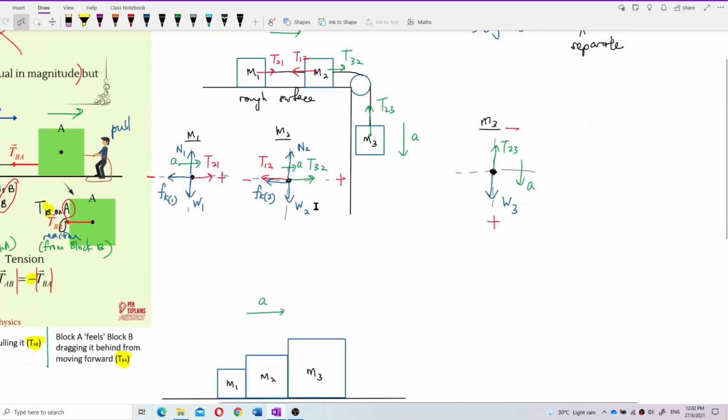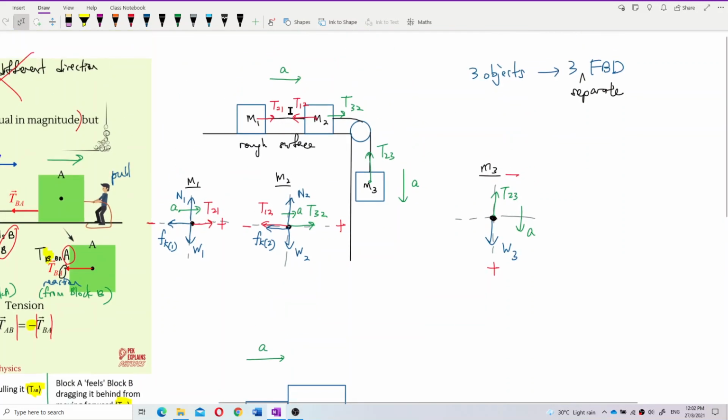Now, that's the action-reaction force. This tension is the action-reaction force. You see, this is the same string, same tension. So we can say T21 is actually the same as T12. In terms of magnitude, they are equal; direction is opposite.